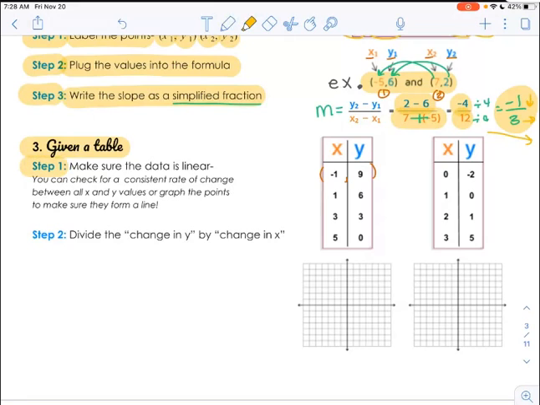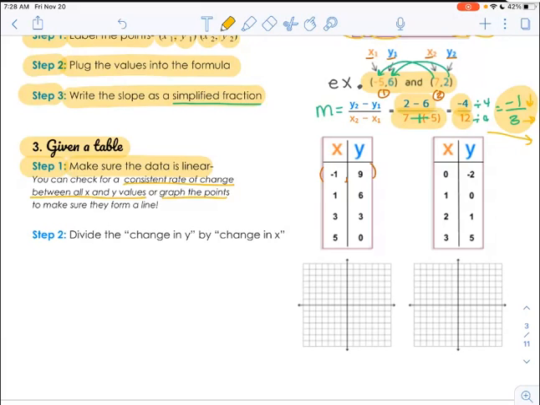Step 1 is to make sure all the data is linear. What that means is that we're looking for a consistent rate of change between all x and y values. Alternatively, we can graph the points to make sure they form a line.